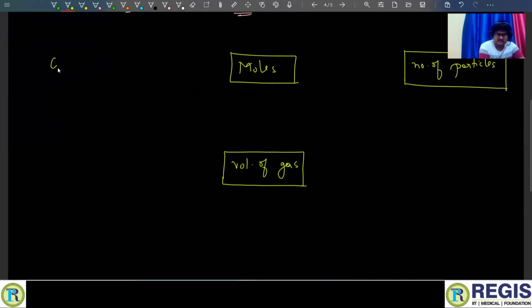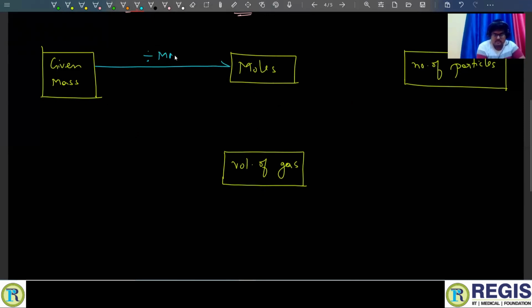And here moles are given. Now, given mass to moles. That means mass is given to you and you have to find moles. How can you find moles? You have to divide it by MM. MM represents the molar mass of that solute.